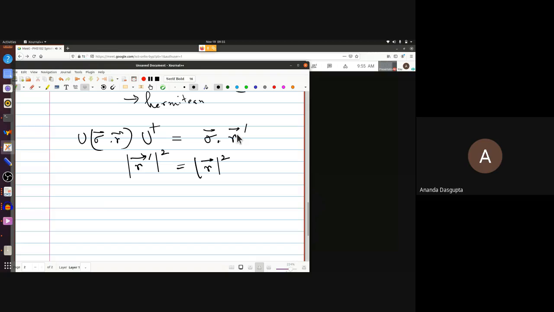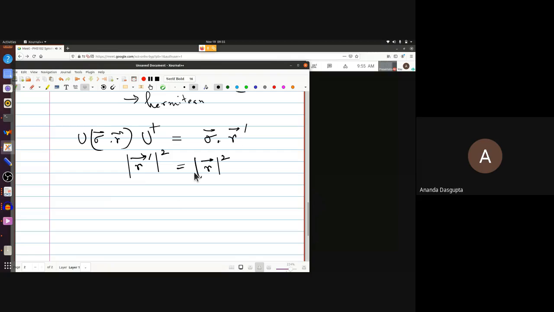You replace r by r1 plus r2, you will get r1 prime plus r2 prime. All that is straightforward. So this is a linear transformation definitely, and so it can be written down in the form of a 3 by 3 matrix acting on the column vector xyz. And this 3 by 3 matrix must be such that the transformation it induces leaves the length unchanged, so it has to be an orthogonal transformation.